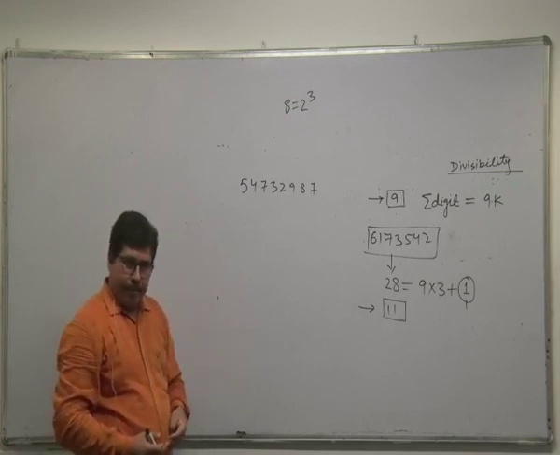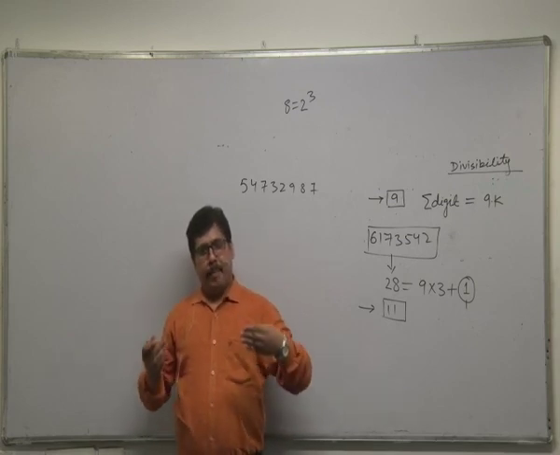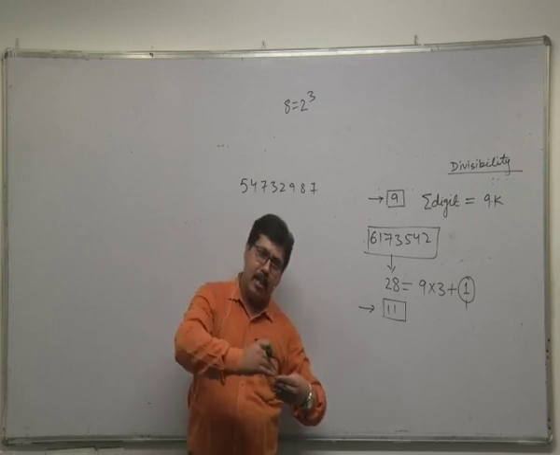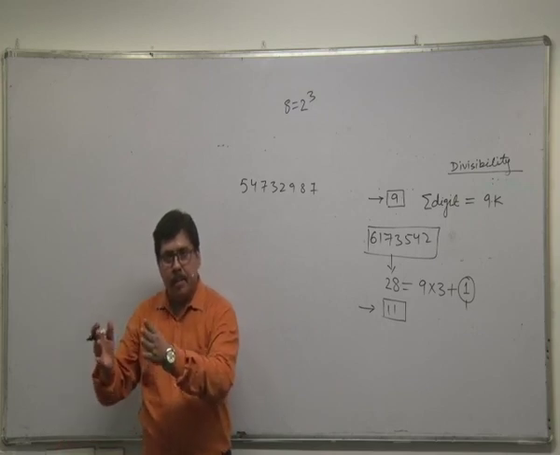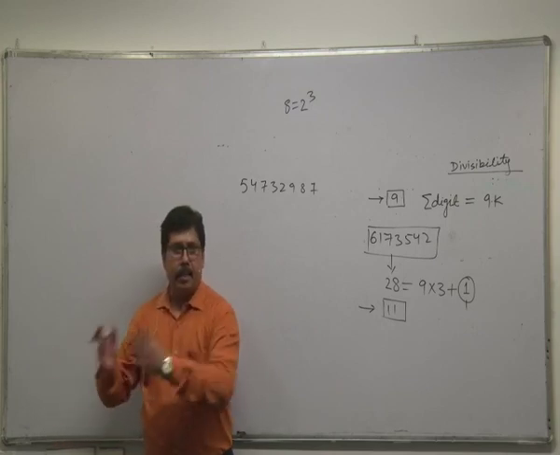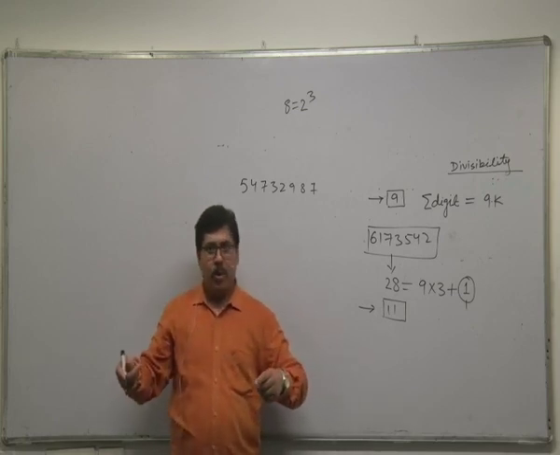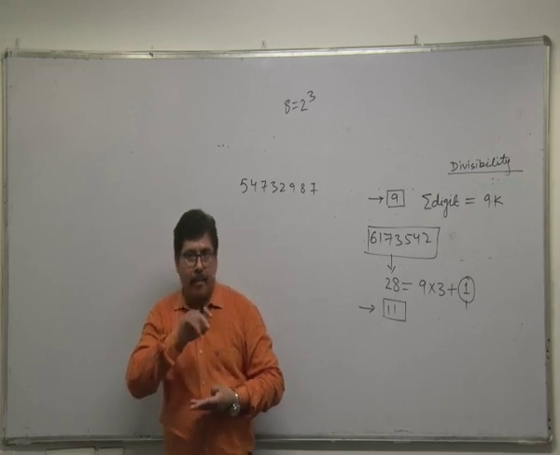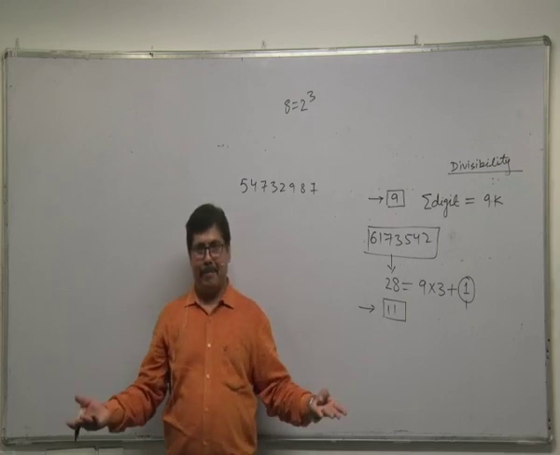Any number is a multiple of 11 if the difference between the sum of the digits at odd positions and the sum of the digits at even positions is either 0 or a multiple of 11. But you need to keep in mind one fact: this difference is not necessarily positive. It could be negative as well.